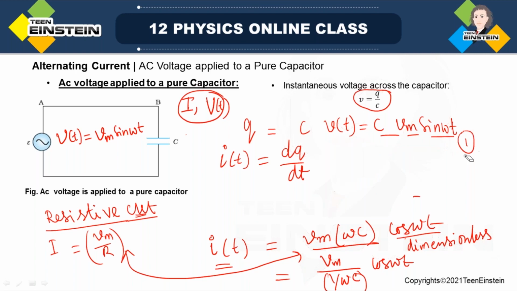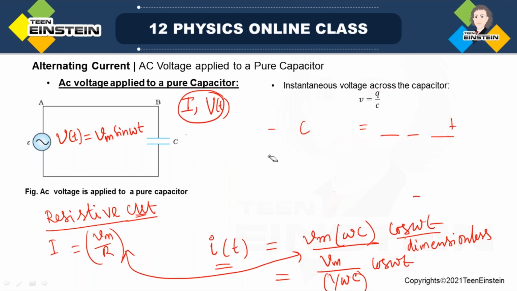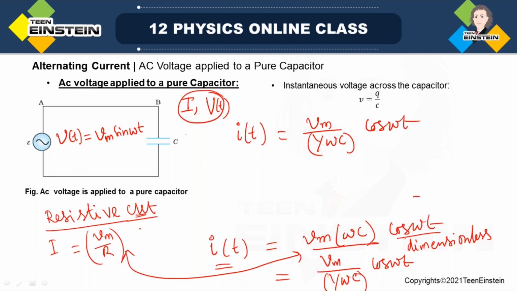So what I have got here is I(t) equal to Vm by (1 by omega C) into cos of omega t.